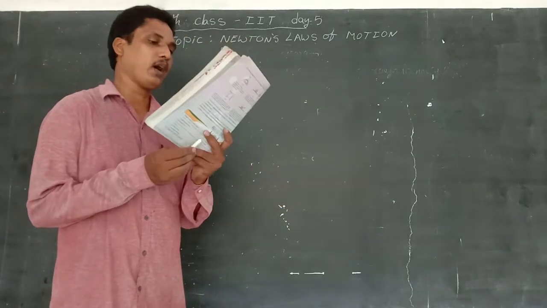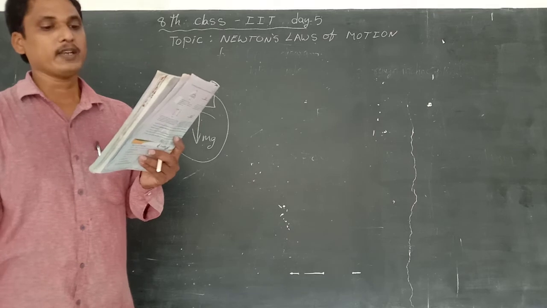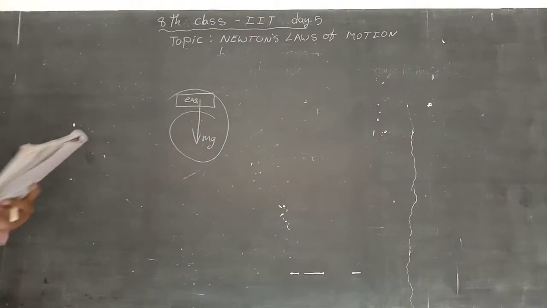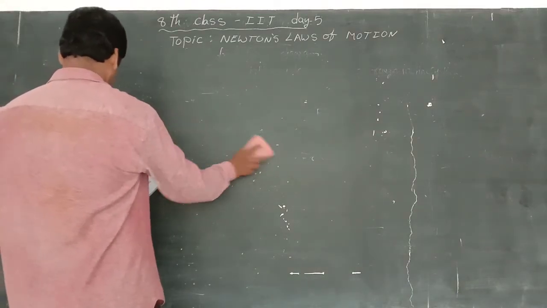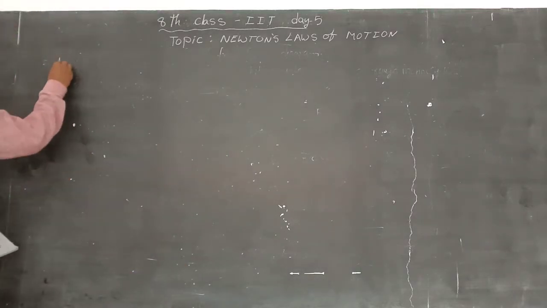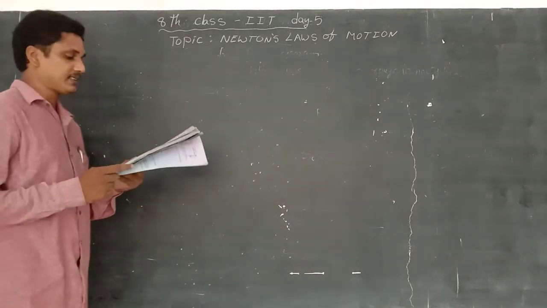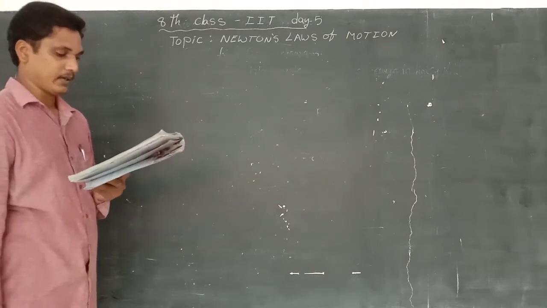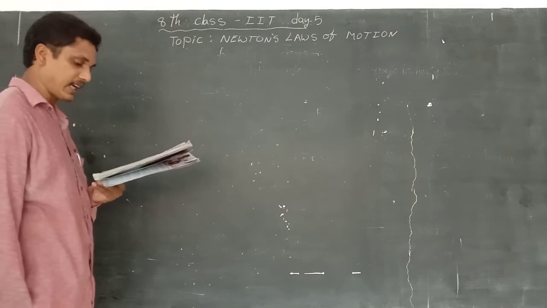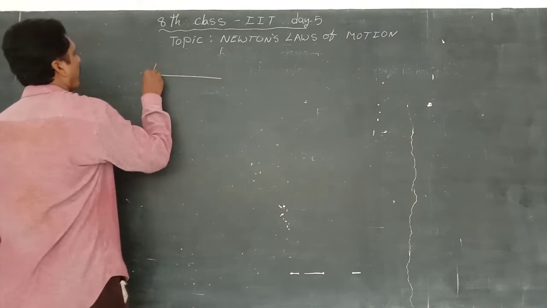Two masses M1 and M2 are attached to a flexible, inextensible, massless rope which passes over a frictionless and massless pulley as shown. Look here. This is a rigid support.